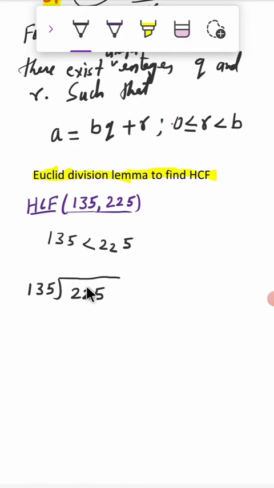Now in Euclid division lemma, suppose I want to read the table of 135. So I am not going to read the table of 135 1ja, 2ja, 3ja. That's it. We have to directly read the table of 135 in such a way that our remainder is directly less than 135.